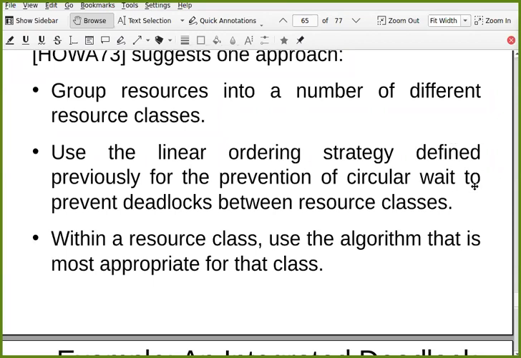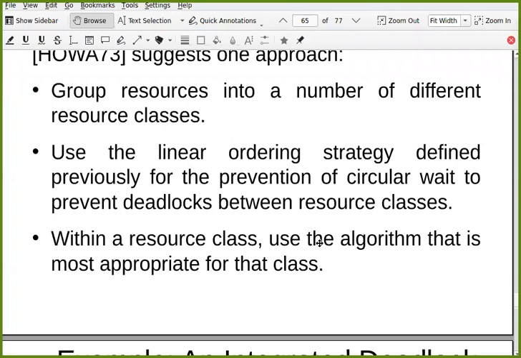Use the linear ordering strategy defined previously for the prevention of circular wait to prevent deadlocks between resource classes. I hope you remember in circular wait we had some resource ordering. Here, there is a resource ordering between groups of resources, not between each type of resource. And within a resource class, use the algorithm that is most appropriate for that class.